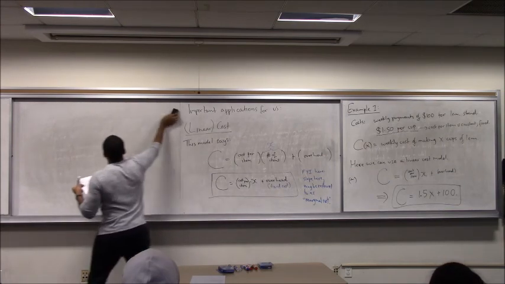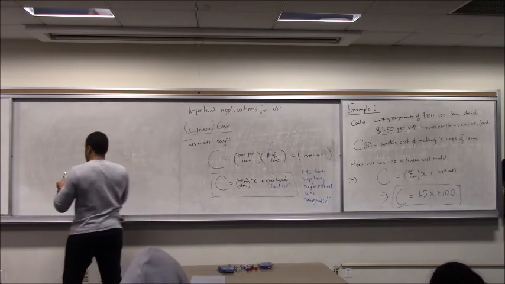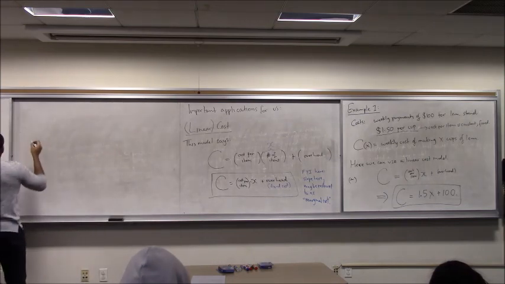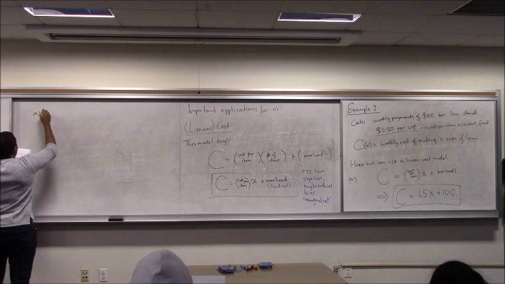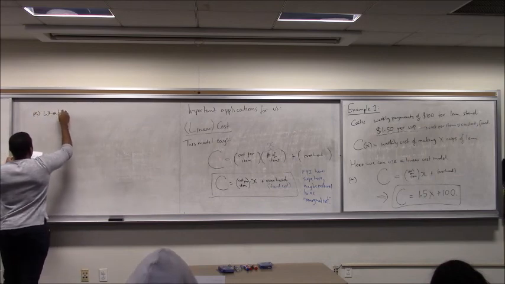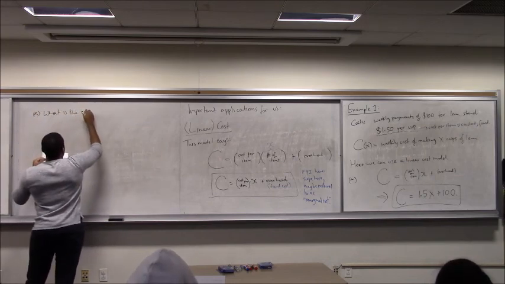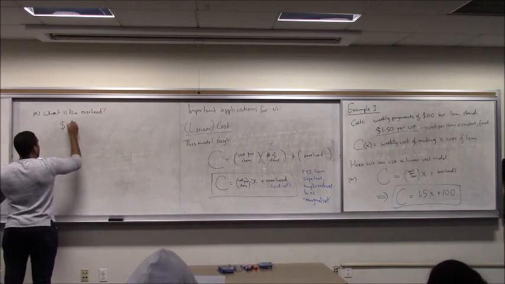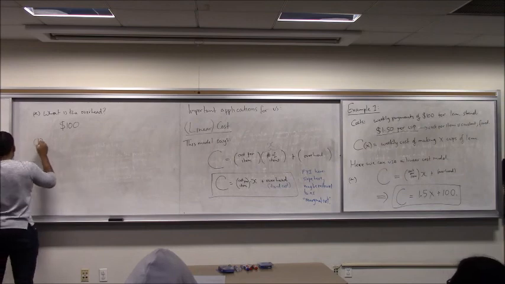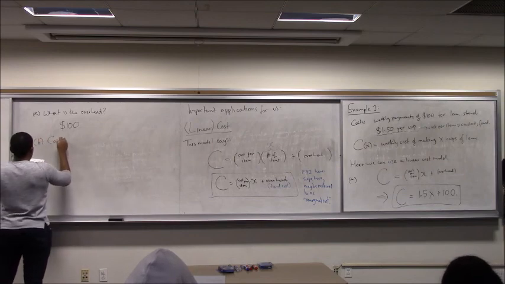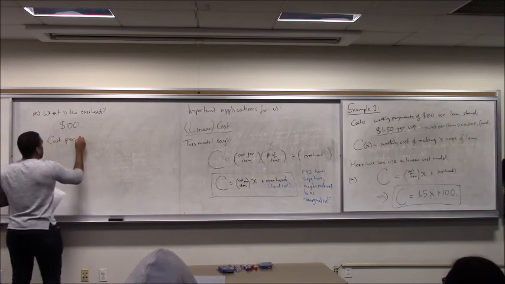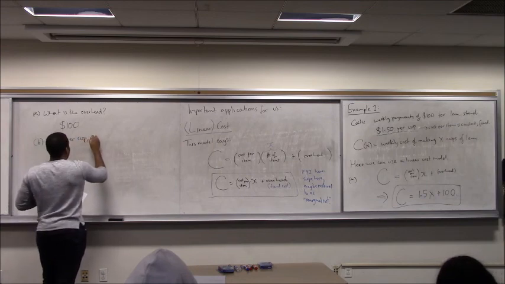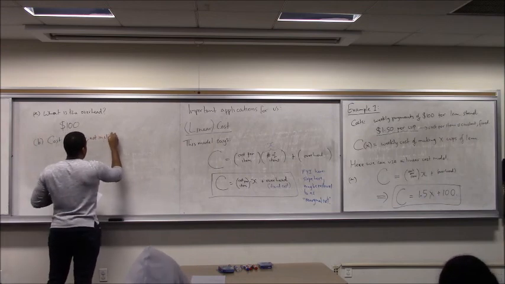I actually did part C. Part A asks two questions. A was, what is Javon's overhead? And that was $100. I just said that in part B. And this is cost per cup, not including overhead.